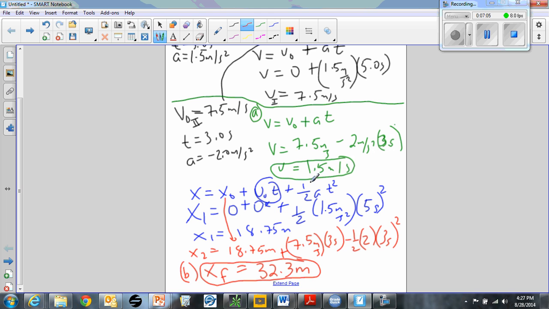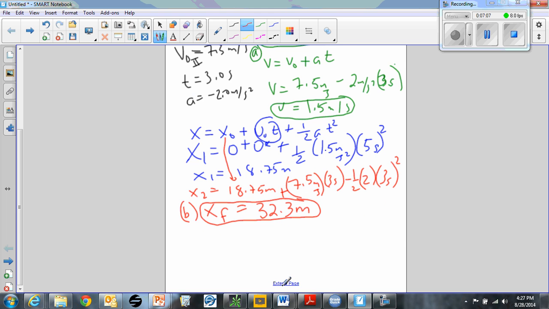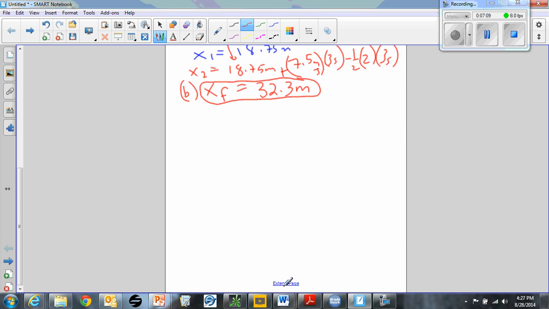That's how far this car traveled while first part accelerating, second part braking. Matter of fact, if we looked at a graph, velocity-time is easier because it won't be a curve, it'll be a straight line.